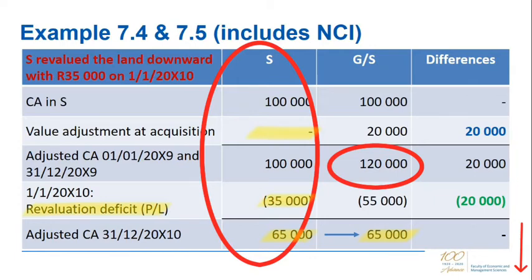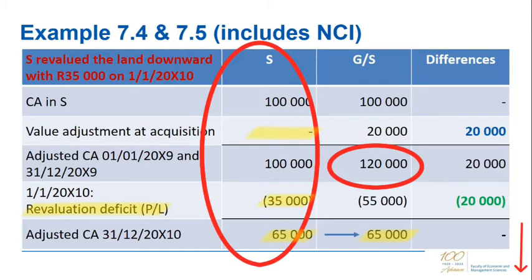If the revaluation deficit coming from the trial balance of the subsidiary is left as is, the land will be measured in the group at 85,000 Rand, being the 120,000 adjusted carrying amount minus the revaluation deficit of 35,000 Rand.